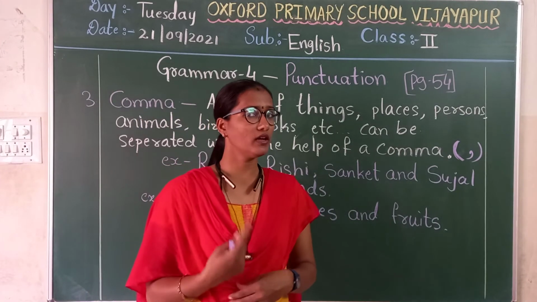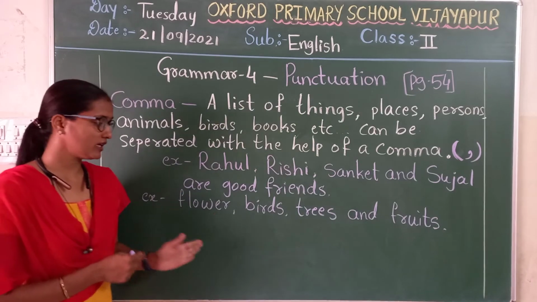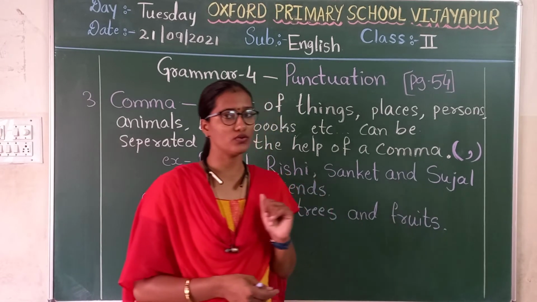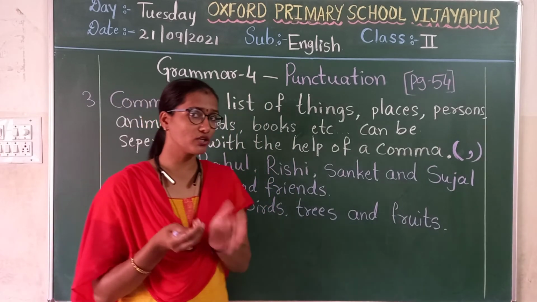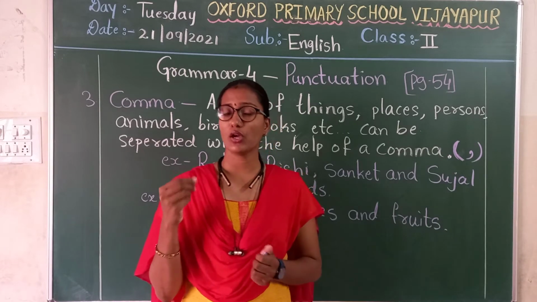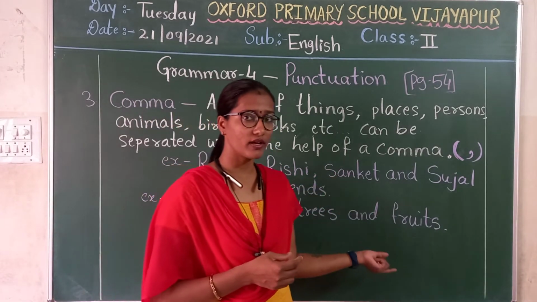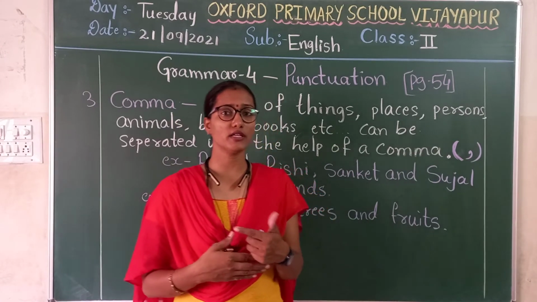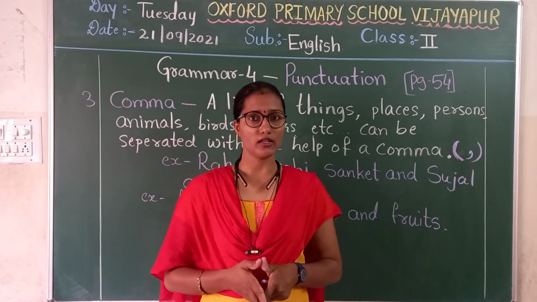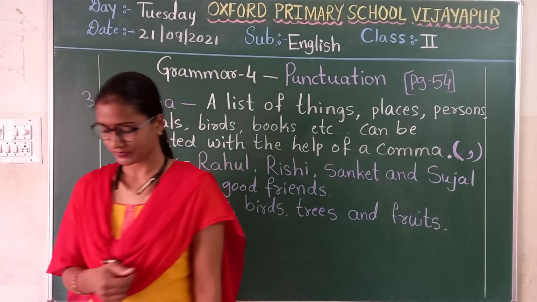We will come to know it in our higher studies. So here we have separated flowers on one side, birds, trees and the fruits. So children, now you understood why we use comma? To separate the things we put comma. Understood? Now pause the video and write this. There is one more point in this punctuation, that is all about capital letters, that I will explain to you. By the time, copy this first.